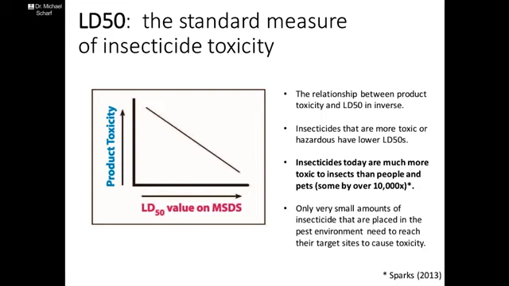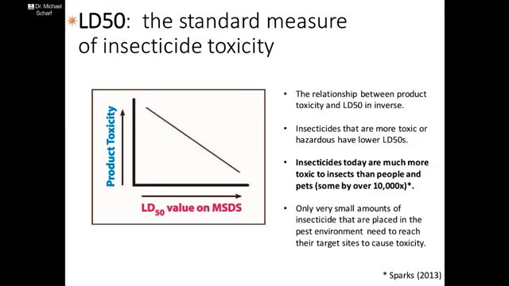I would be remiss if I didn't talk a little bit about what LD50 is. LD50 is the lethal dose that kills 50% of our test population. And that's how we determine how effective insecticides are against our target organisms and how effective they should not be against non-target organisms like mammals. LD50 is the standard measure of insecticide toxicity.